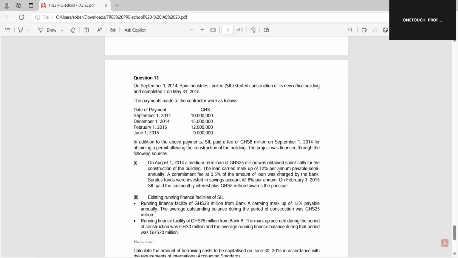So semi-annual, if you take 1st August and you add 6 months, when will it end? August, September, October, November, December, January. January 31st.